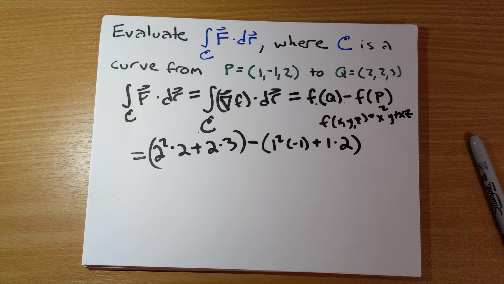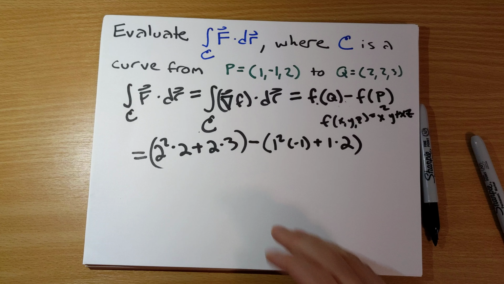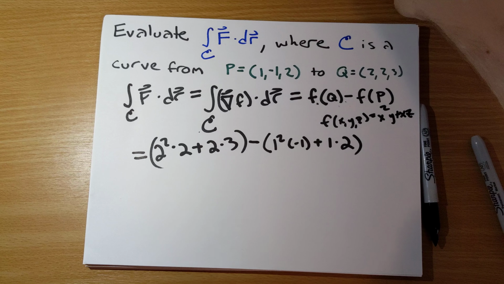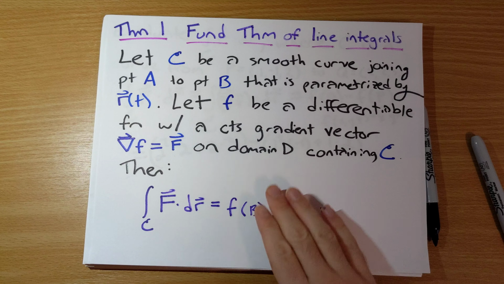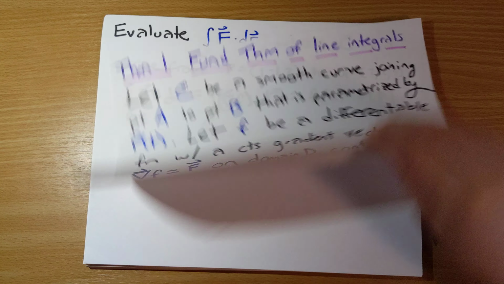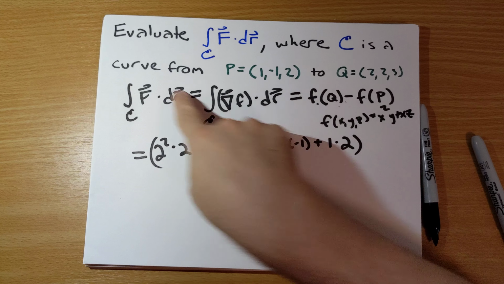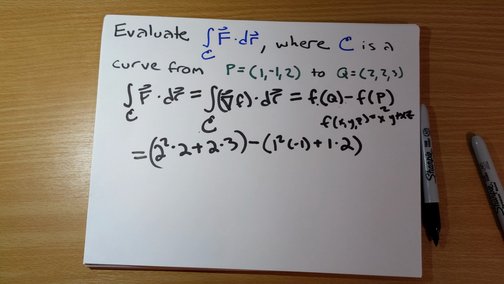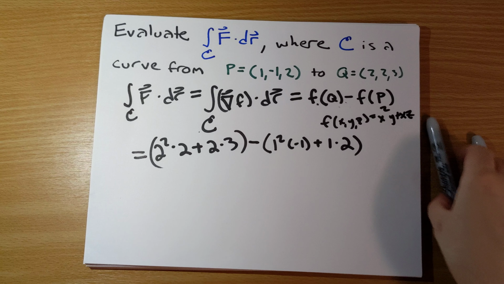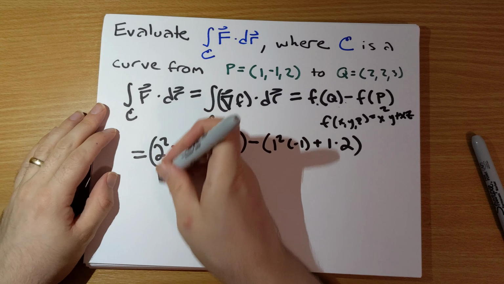Think about how much work this would have been otherwise, if we didn't have the fundamental theorem of line integrals. It would have been a lot of work, because first off we don't know what the curve is. I'm just saying C is any curve between these two points.